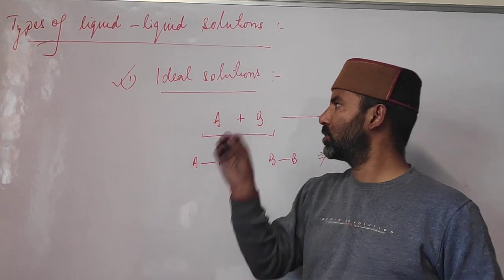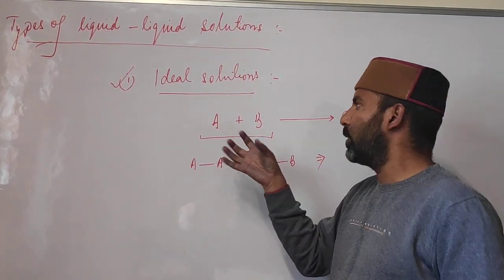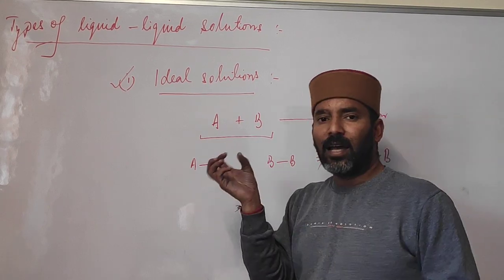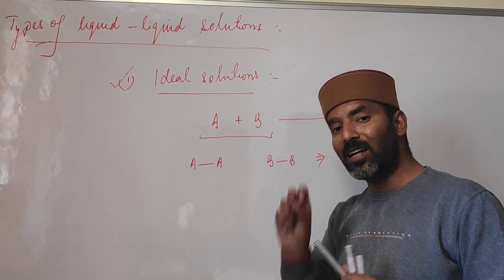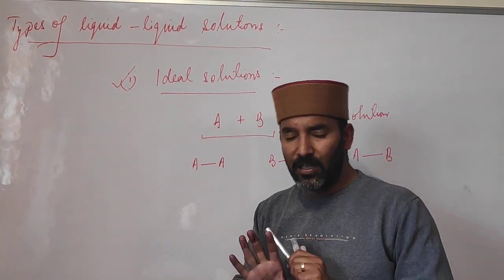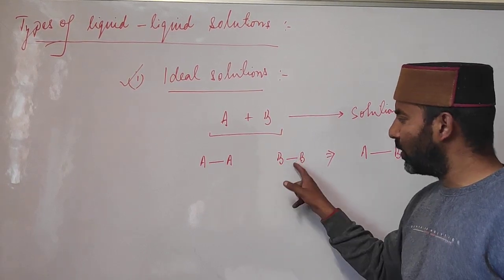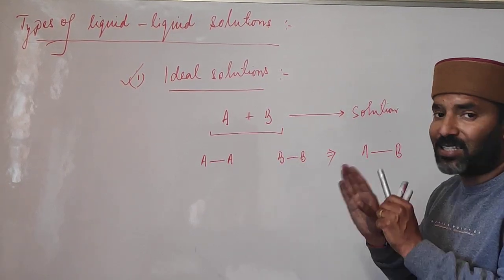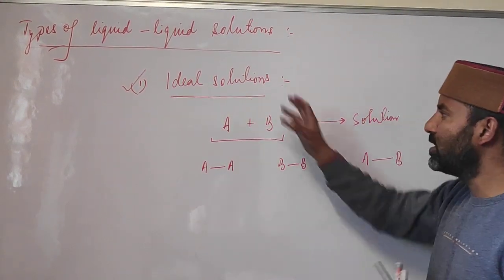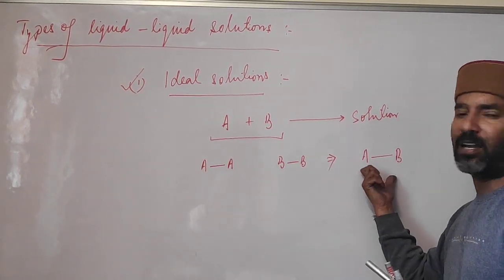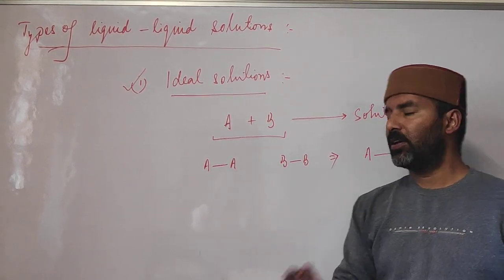So this is a very important point to note that we are theoretically saying ideal solution, but practically speaking an ideal solution is rare. Ideal solutions can be nearly ideal, never perfectly ideal, because AB interactions can be nearly same as AA and BB, but can never be exactly the same. But let's talk about nearly ideal solutions where these AB interactions will be of same magnitude as AA and BB interaction.